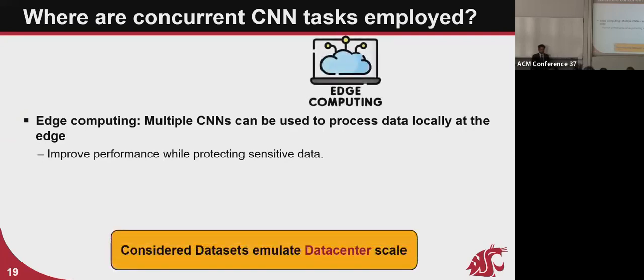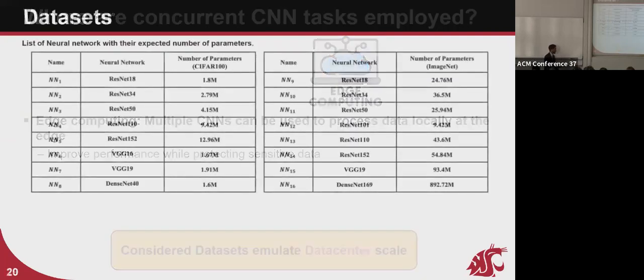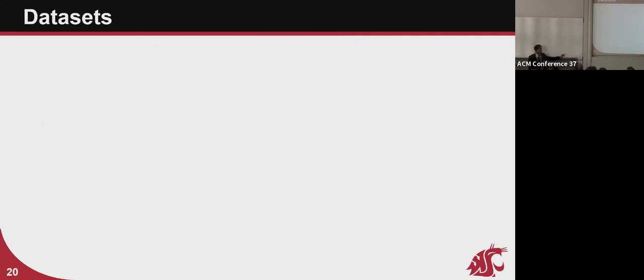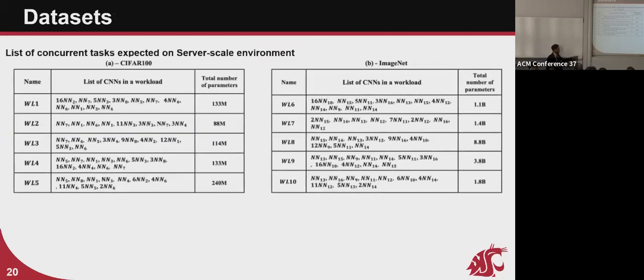So we consider these data sets to emulate the data center scale that we are talking about. Here you can see ResNets on CIFAR-100, starting from 1 million parameters, then DenseNet, VGG, up to a ResNet as big as 890 million parameters. This is just one single data set, but we emulate the whole scenario by taking the ensemble running concurrently, as you can see in the biggest, 8.8 billion parameters.